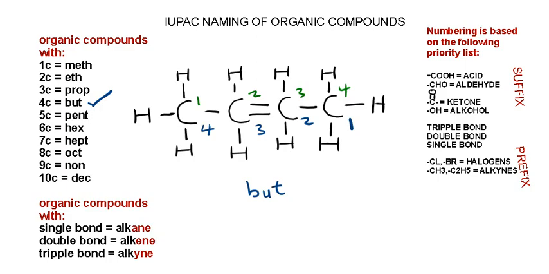Now let's check for the bonds. Here we have a single bond and we have a double bond. Remember, based on the priority list, double bond supersedes single bond. So we are going to concentrate on the double bond. The double bond belongs to a group of organic compounds called alkene.